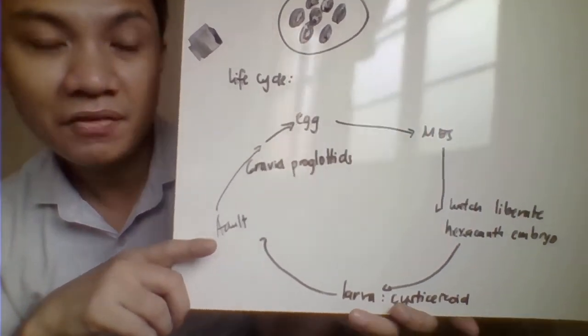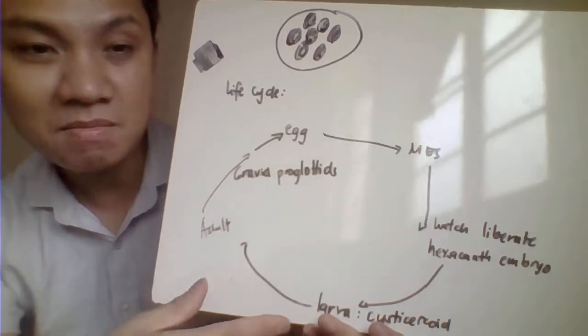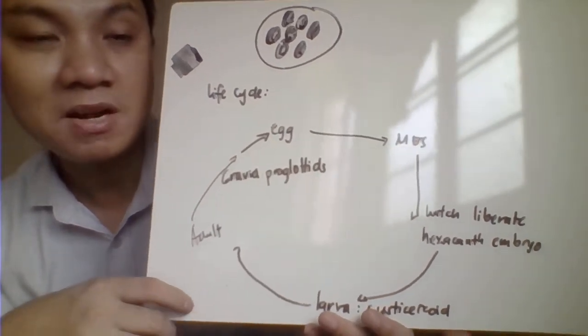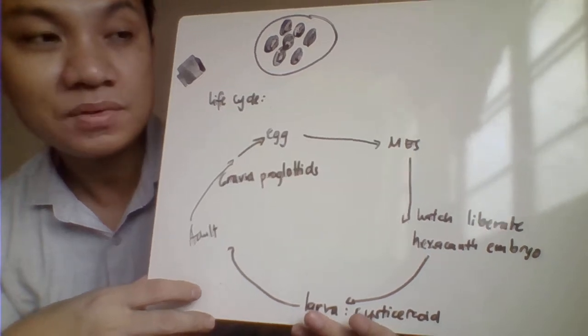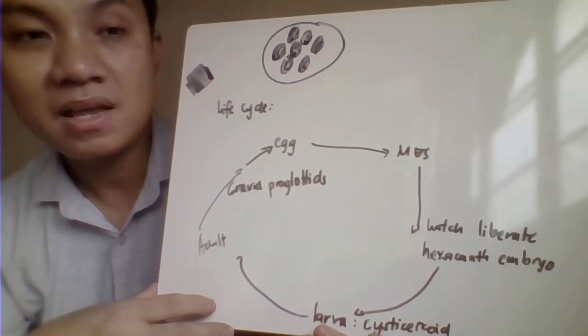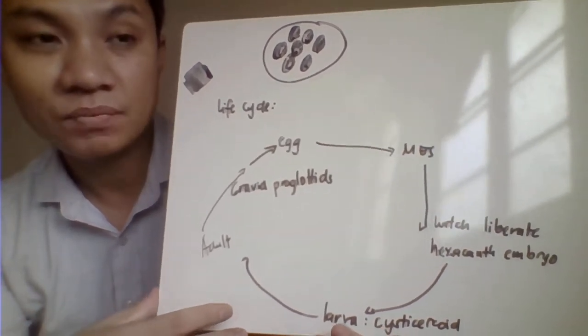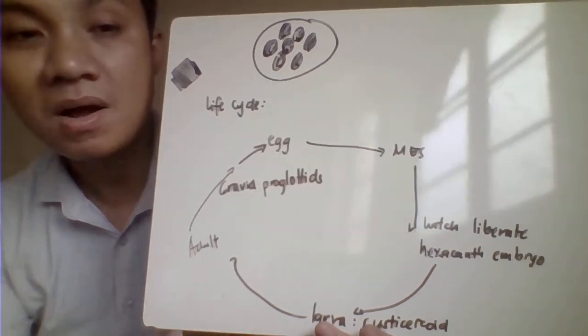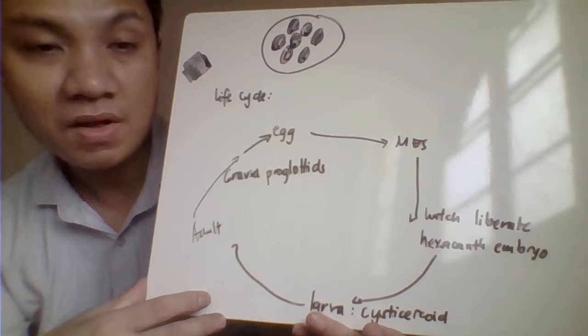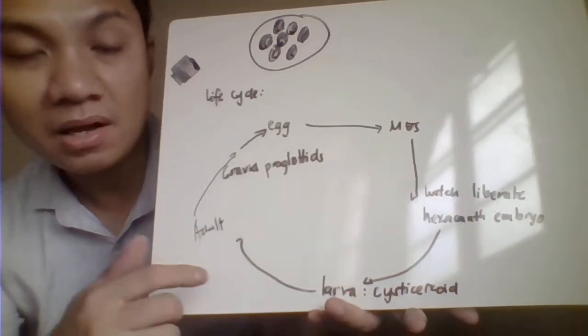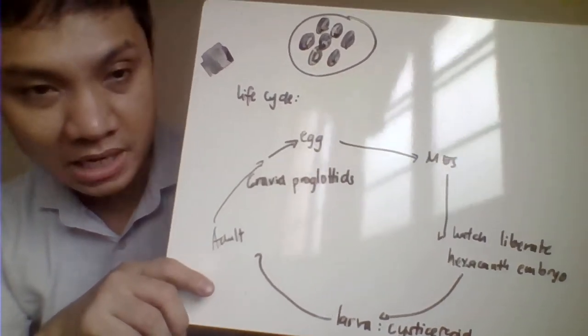Okay, for the life cycle, same life cycle. For the intermediate host, the egg is ingested, goes to the stomach, and tries to hatch, liberating your hexacanth embryo, which develops to become the larva. The larva is also cysticercoid.